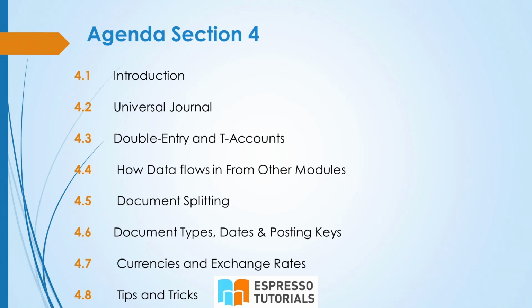I'll explain a bit about how the data flows in the general ledger and show you the document flow app. I'll go into what document splitting is and explain some other important items in finance, such as the document types and so on. There are a number of ways the currencies can be used in S/4HANA, so I'll explain a little about that and the exchange rates, and finally the usual tips and tricks at the end.